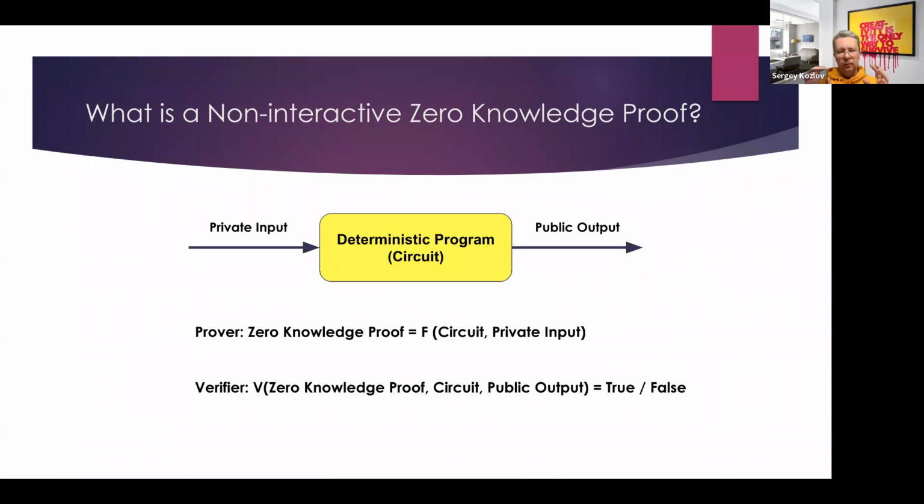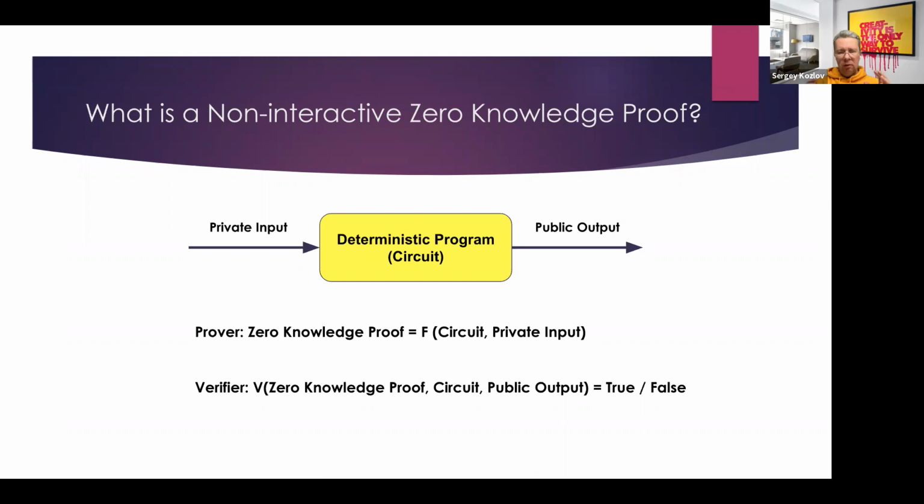And we have a so-called deterministic program, a circuit. That's a mathematical program, some algorithm, which converts private input into public output. We should understand that we can only go from private to public. We can only derive public output from the private input, but we cannot calculate private input from public output. It's not possible to go vice versa.